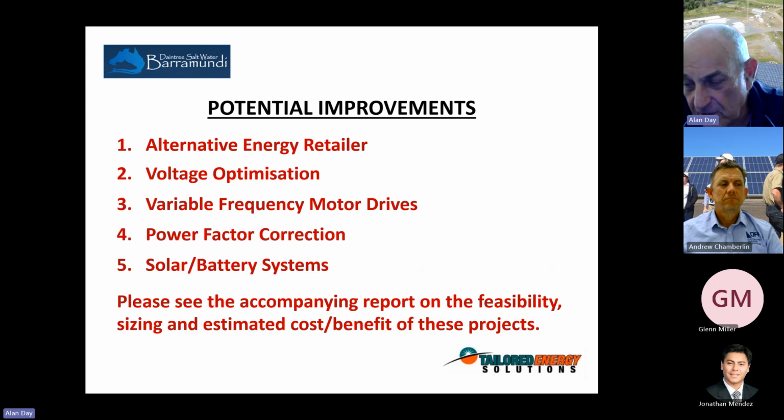So you've got to make the change, do a project, and then reassess the baseline, because the sizing of VSDs, for instance, or the sizing of power factor correction equipment will change once you've done some of these projects. So it's a moving target, and it really should be done one at a time.